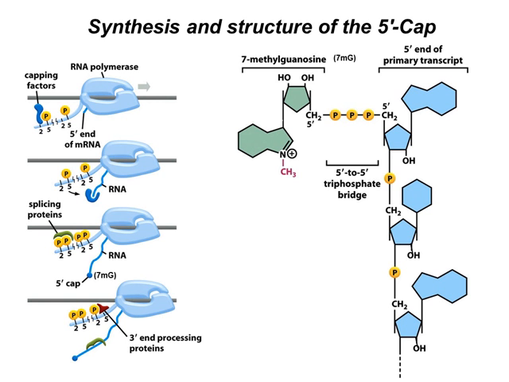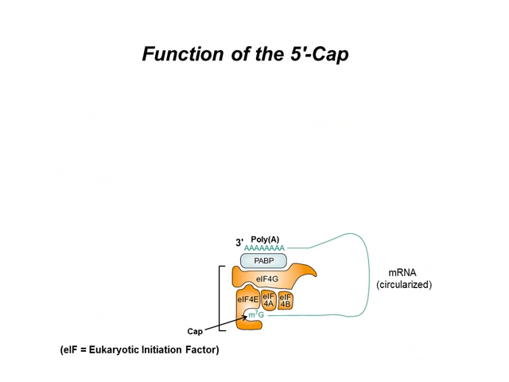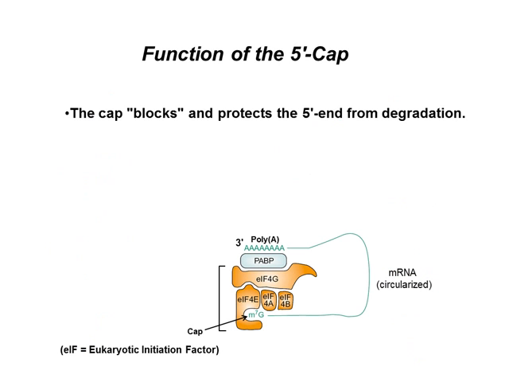And what it does is it changes the structure of the end of this molecule. And in addition, there are methyltransferases that also add some methyl groups, which fundamentally changes the end of this molecule. So why do you want to change the end of this molecule? Why not just leave it be? Well, two reasons. One is it protects it from nucleases. Remember, the cell and the environment are chock full of nucleases: endonucleases, exonucleases, ribonucleases, DNases.